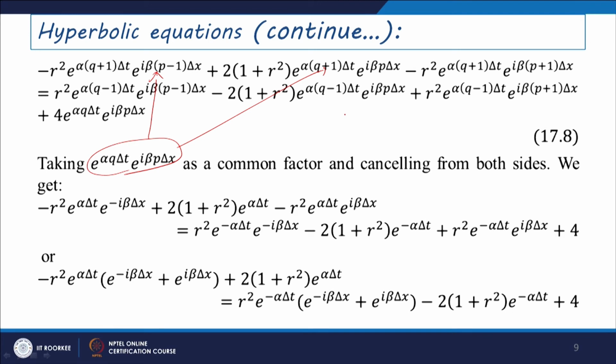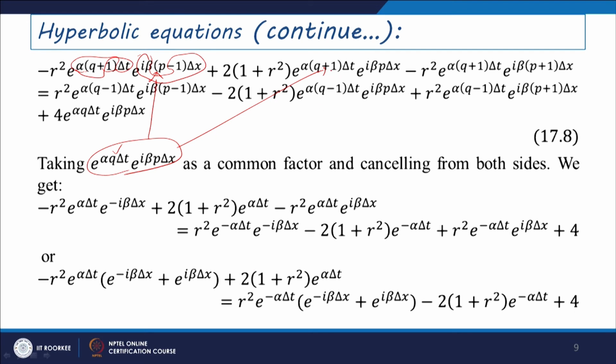then we can get this equation in the form of minus r square e to the power alpha del t, since alpha q del t has been taken common. So, we will have here alpha del t only. And in the second term, since i beta p delta x has been taken common, we will have terms in this form: e to the power minus i beta delta x plus 2 into (1 plus r square).